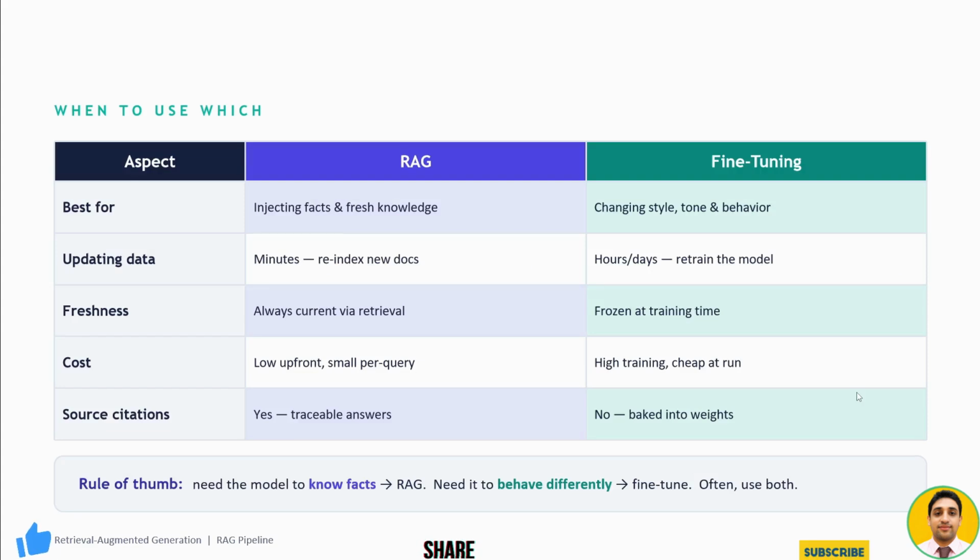RAG versus fine tuning, when to use which. A very common question that comes up is when should you use RAG and when should you use fine tuning instead? Let's compare these two approaches directly across several important aspects.